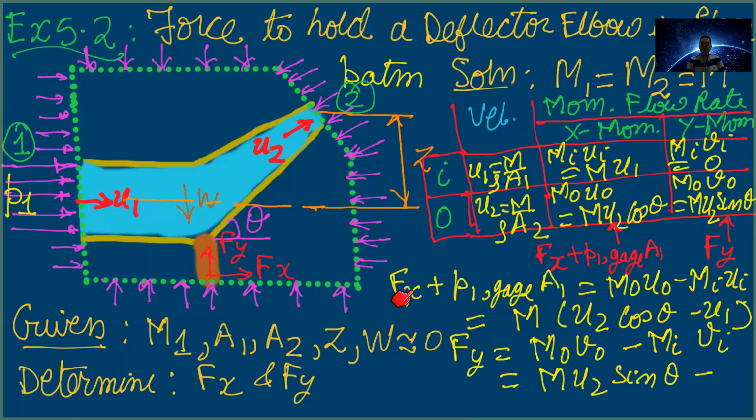Note that Fx consists of the mass flow rate and the x momentum flow rate, where the velocities are the horizontal velocities, whereas in Fy you have the vertical velocity, the v velocity.